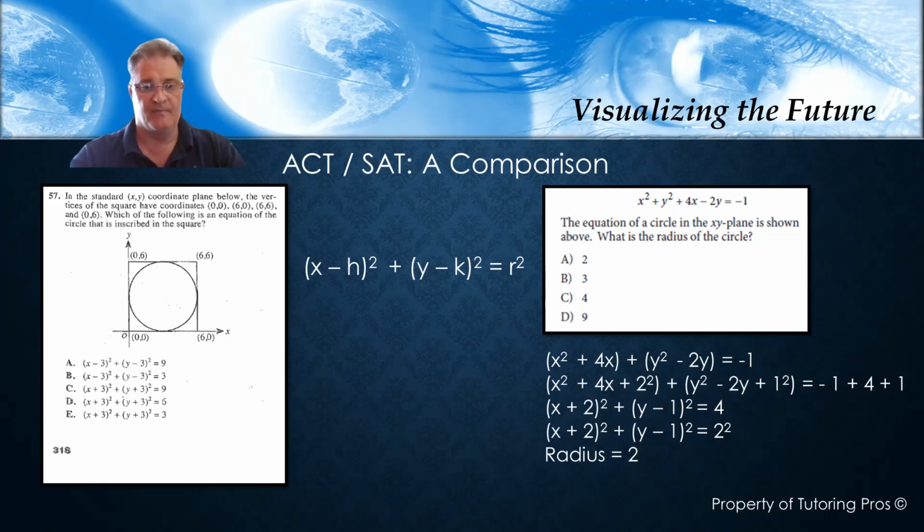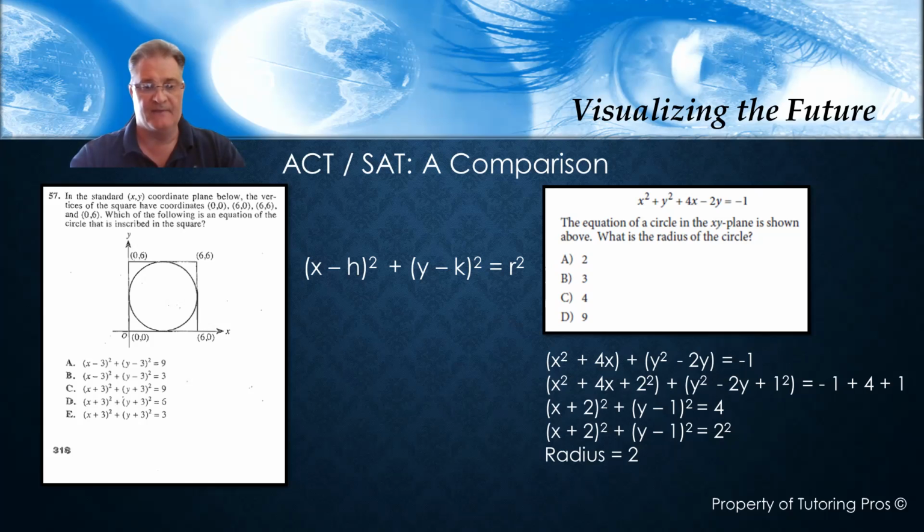(x − h)² + (y − k)² = r². If you understand that basic formula, then you can apply it quickly to the problem with a graph on it, because you'll notice that the center of the circle is actually (3, 3).